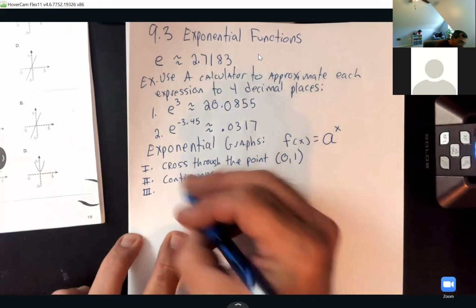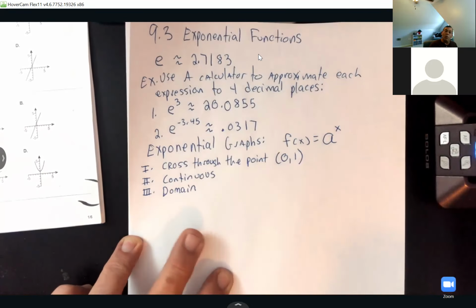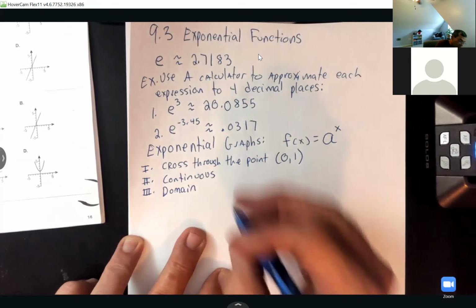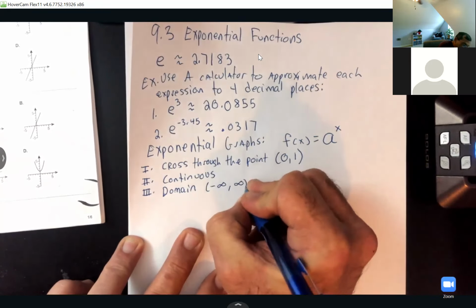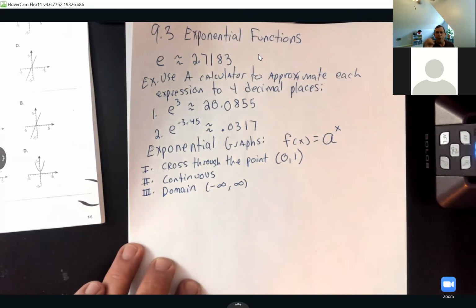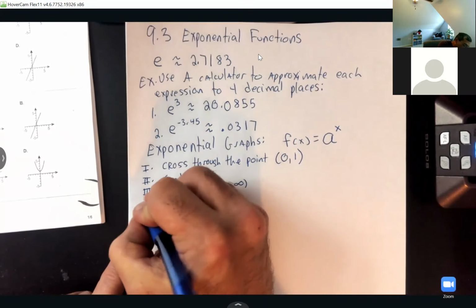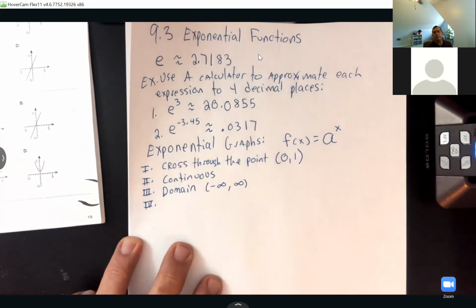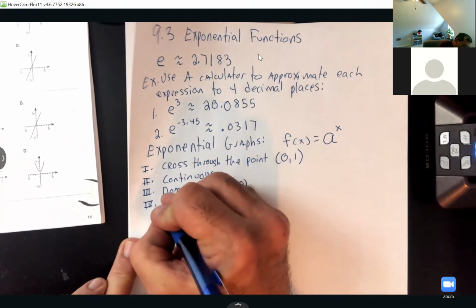So the domain of an exponential graph is from negative infinity to positive infinity. Any value I put in for that x is valid, and I'll get an output for my y values. Horizontal asymptote.